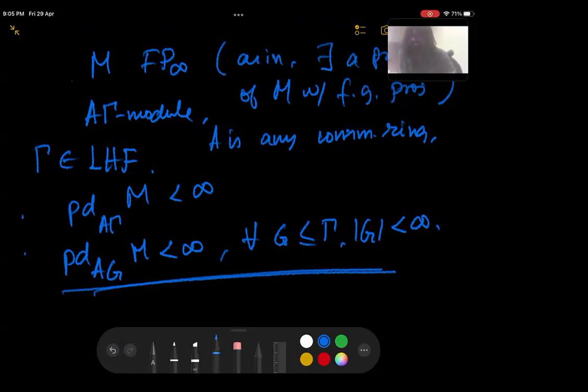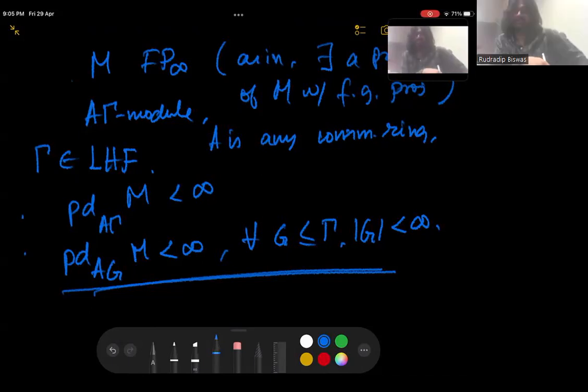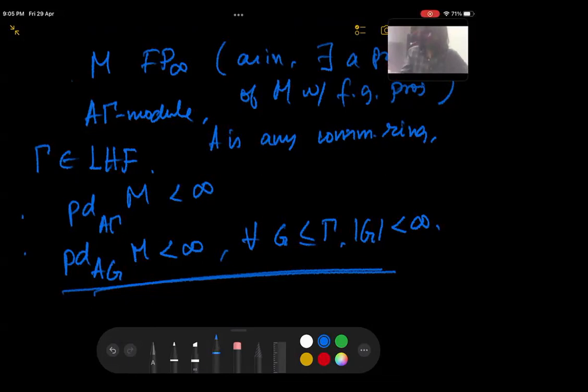I think I said it right, I might have got some of the details wrong. Yeah, this is a result due to Kropholler in the very same paper where he introduced the hierarchy.